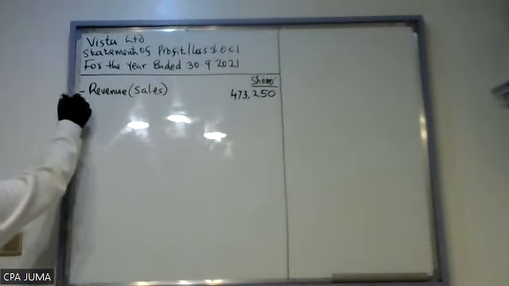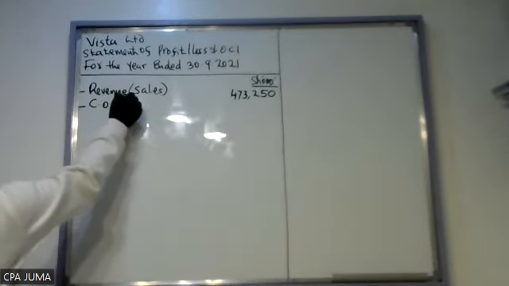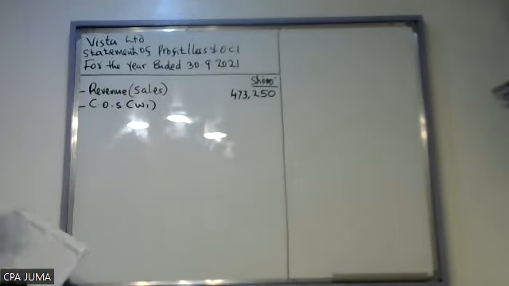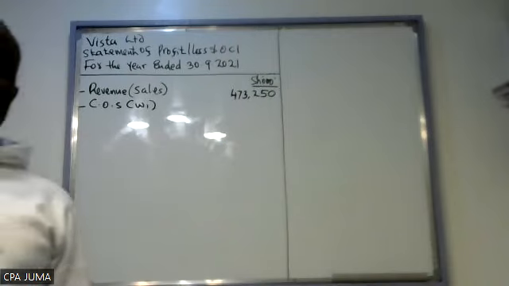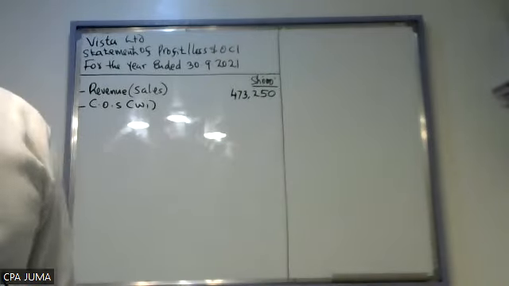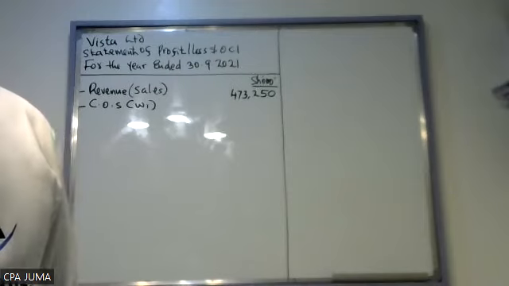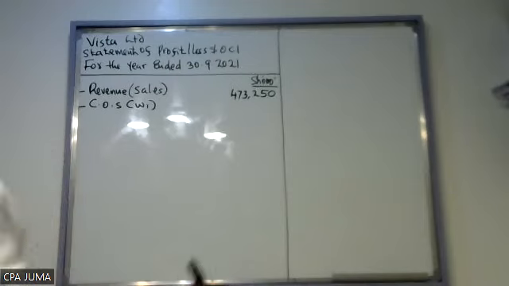Cost of sales, working one. How much was your cost of sales in working number one? 180,550.